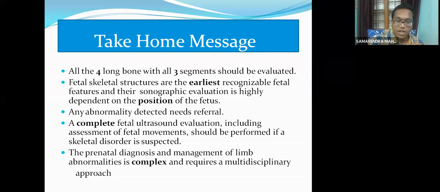Any abnormality detected needs urgent referral, and if an abnormality is detected, a complete fetal ultrasound evaluation, including assessment of fetal movement, should be performed. If a skeletal disorder is suspected, still, in spite of advances, the prenatal diagnosis and management of limb abnormality is complex and requires a multidisciplinary approach.